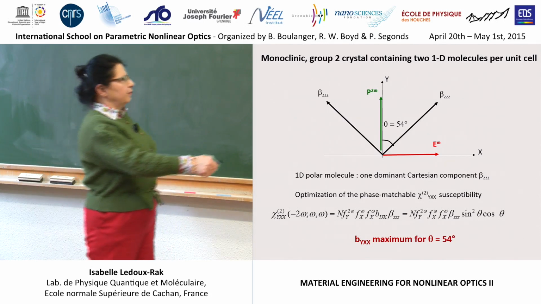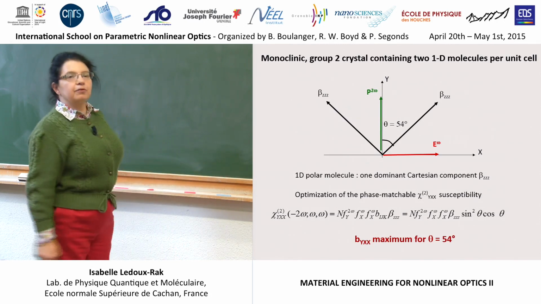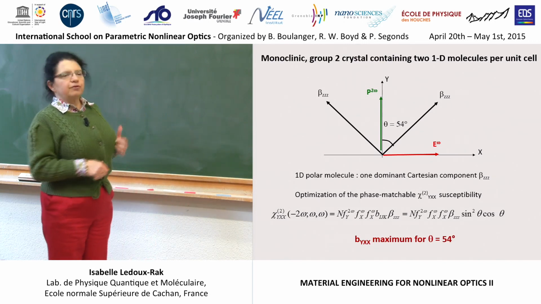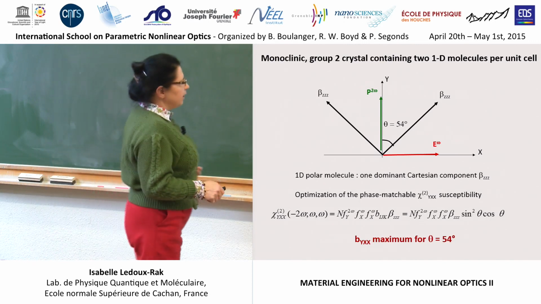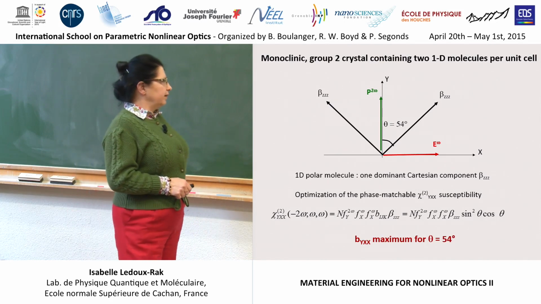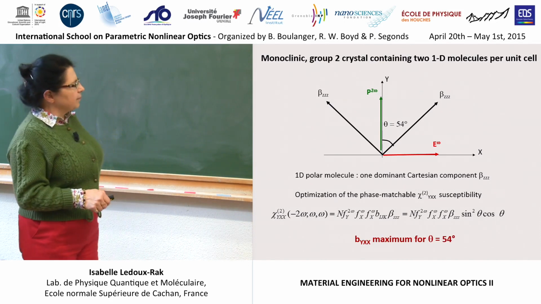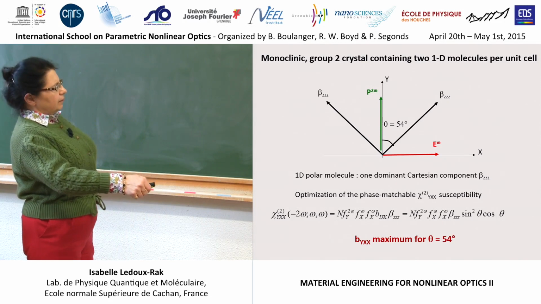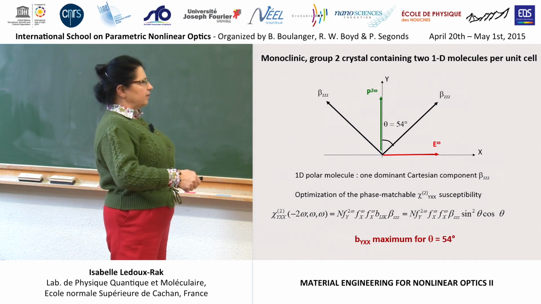And this molecule makes an angle, which is named theta, with respect to the vertical axis. That's the first point: we know the crystalline structure. Second, we want to optimize one particular coefficient of the material, and we choose the coefficient YXX, which corresponds to second harmonic generation, type 1 phase matching, with a horizontally polarized fundamental field along the x-axis.